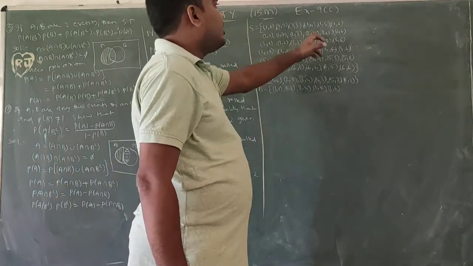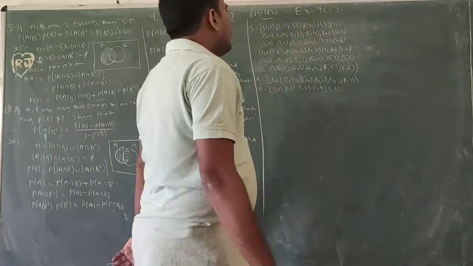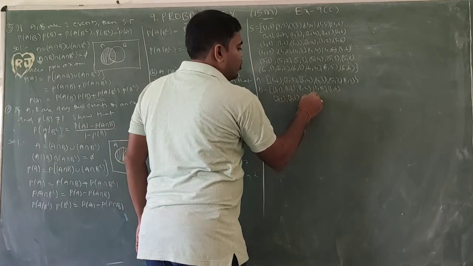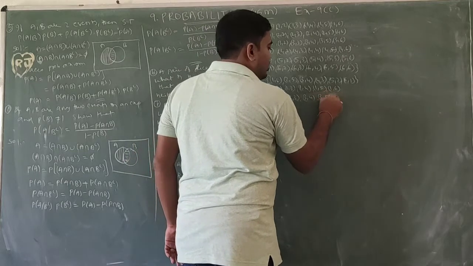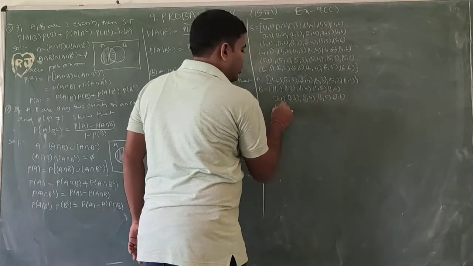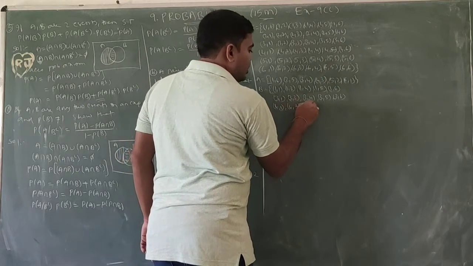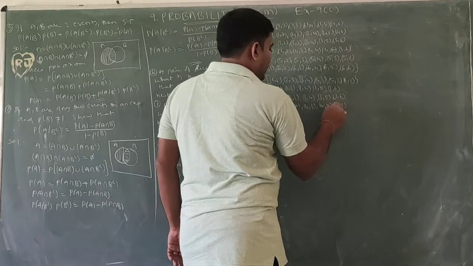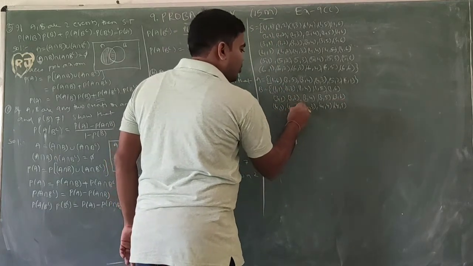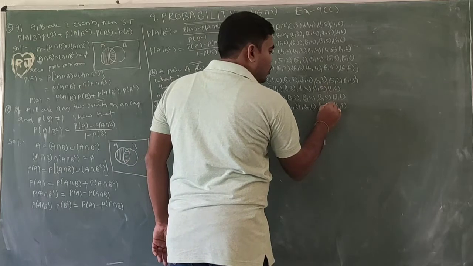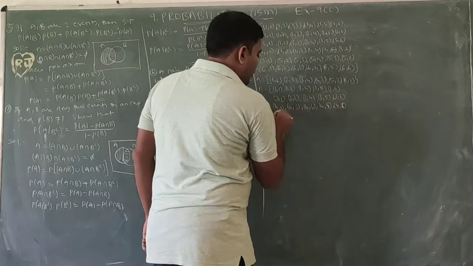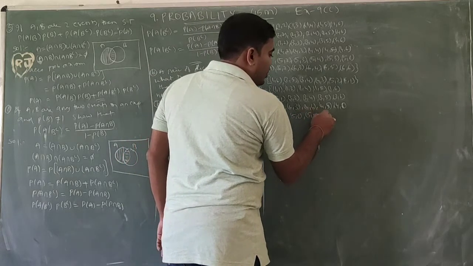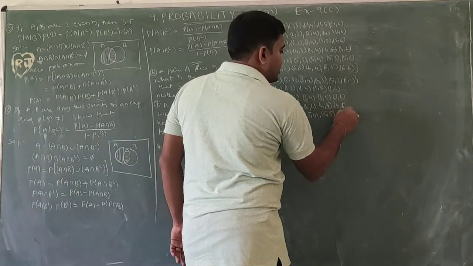In the second line, everything containing 2 I want to leave. 3 1, 3 2, 3 3, 3 4, 3 5, 3 6, 4 1, 4 3, 4 4, 4 5, 4 6. 5 1, 5 3, 5 4, 5 5, 5 6.